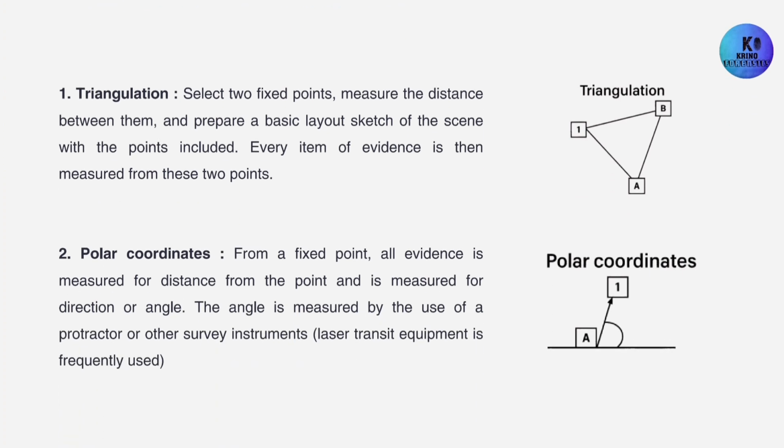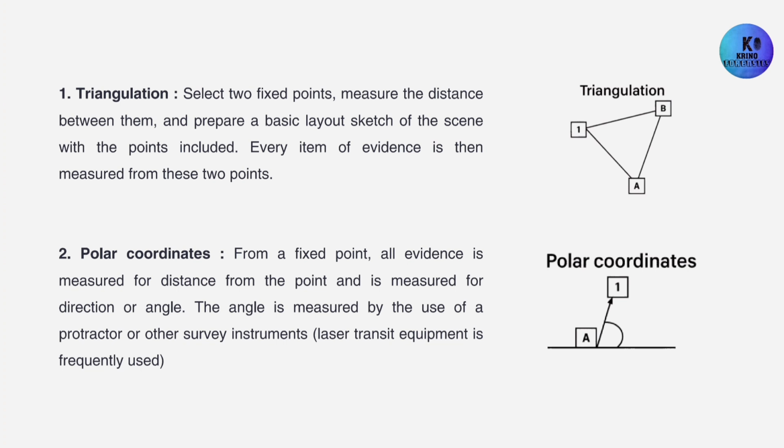First, triangulation method. Triangulation is one of the most commonly used and trusted methods in crime scene sketching. Here is how it works. Imagine you have 2 fixed reference points at the crime scene. These can be any permanent immovable objects like the corner of the room, a tree or lamp post.